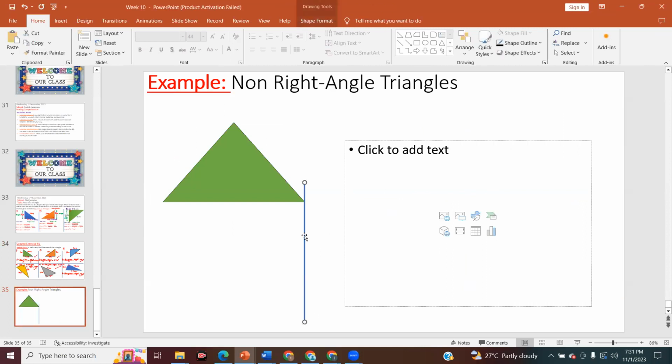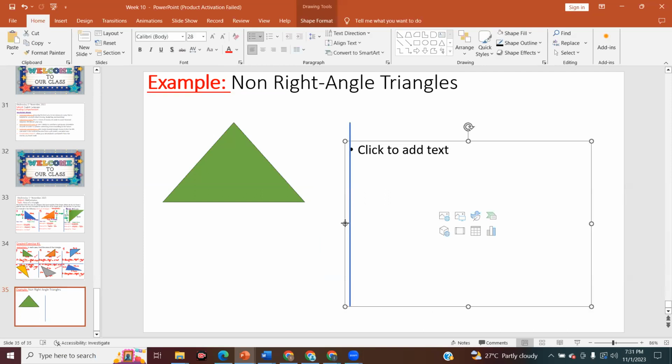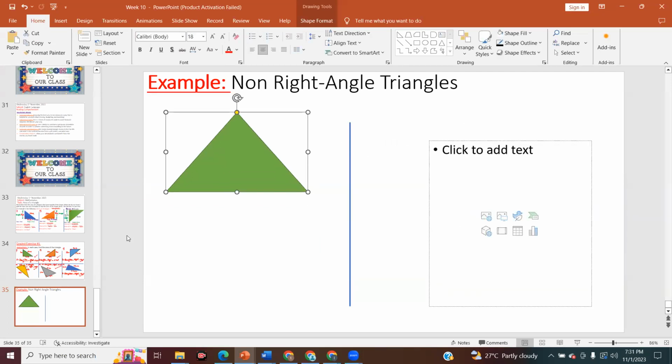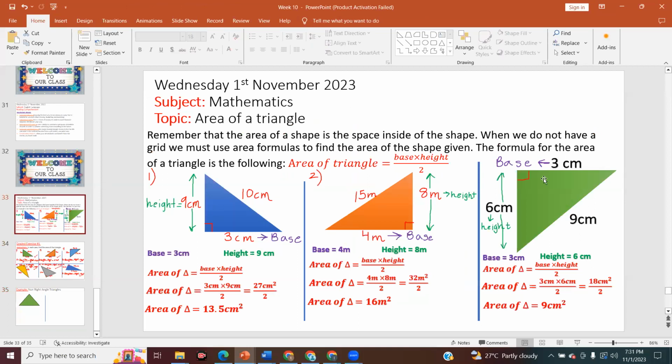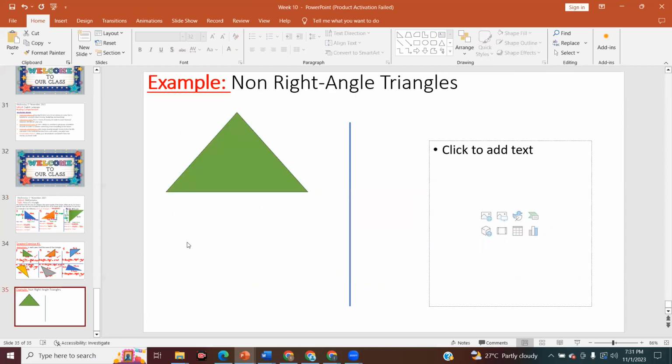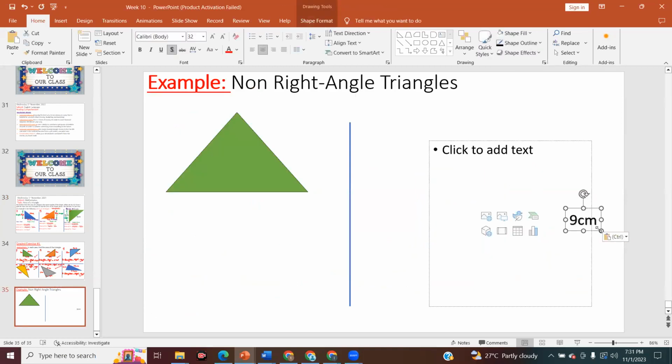Sure. So if we look at this triangle, let's say on one end, let's call this 9 centimeters. Let's call this one 11 centimeters.